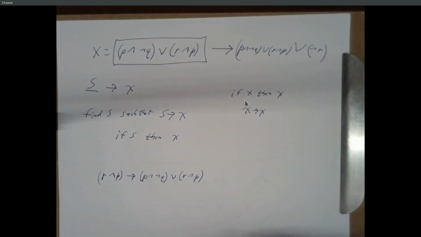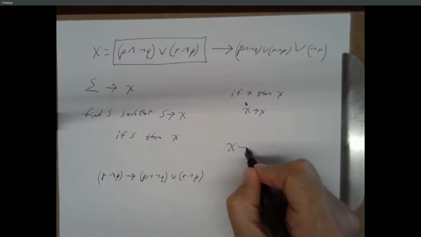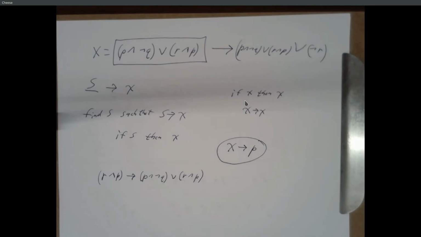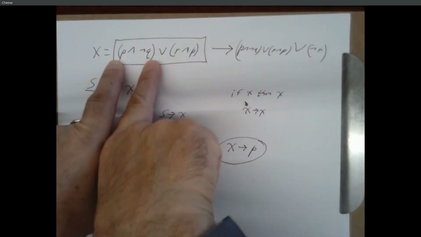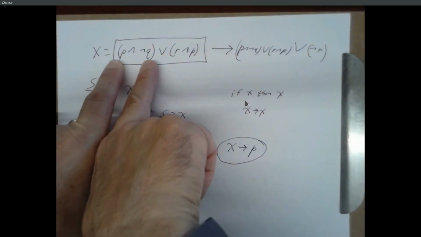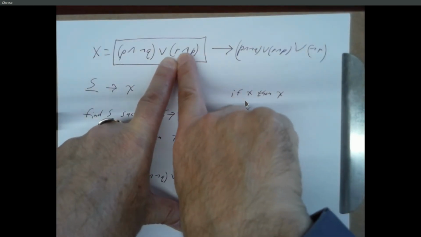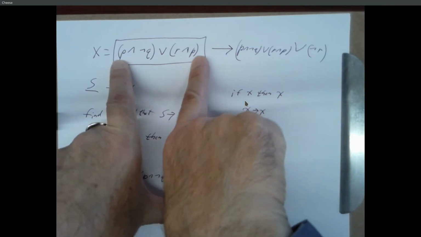There's also something else that X implies. And this you might get from a truth table. It turns out if X is true, P has got to be true. And if you look at what X is, it's saying that either this expression is true, which means P is true and Q is false, or this expression is true, which means P is true and R is true. In both of those cases, P has to be true.